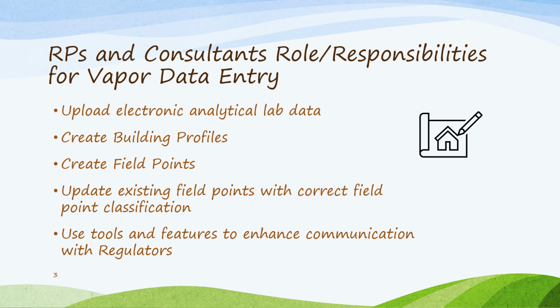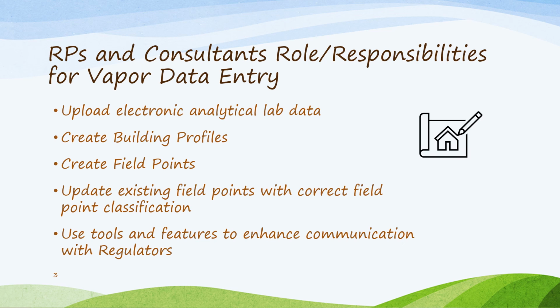Our responsible parties and consultants play a really important part in this vapor data entry. They are the ones uploading our electronic analytical lab data and creating those field points. They'll also be creating those building profiles, so our building information, co-locating field points, and also the building outline.